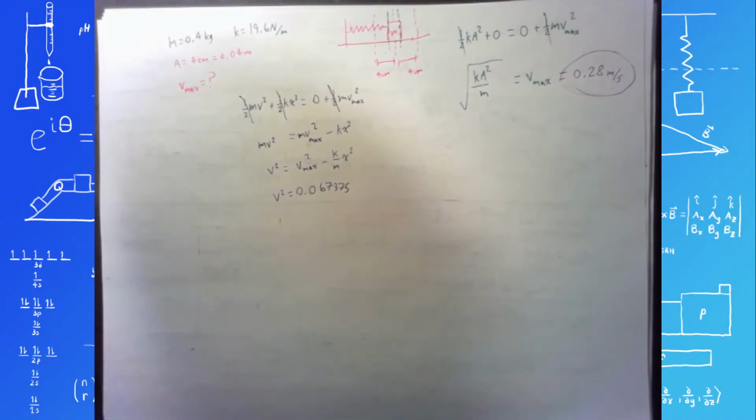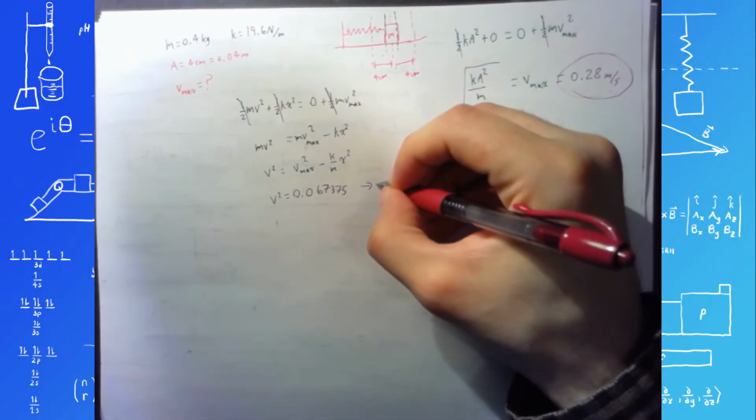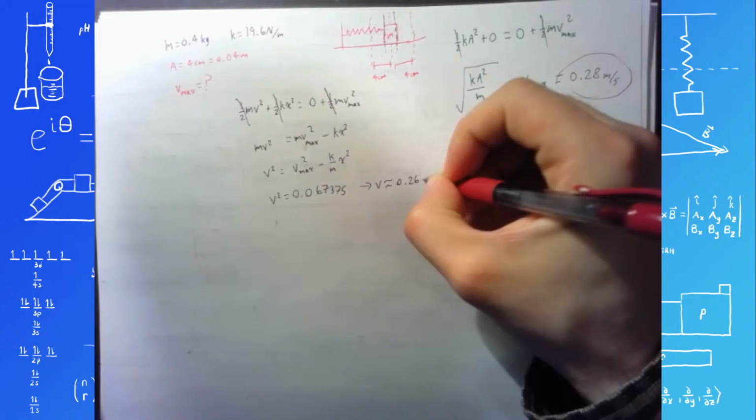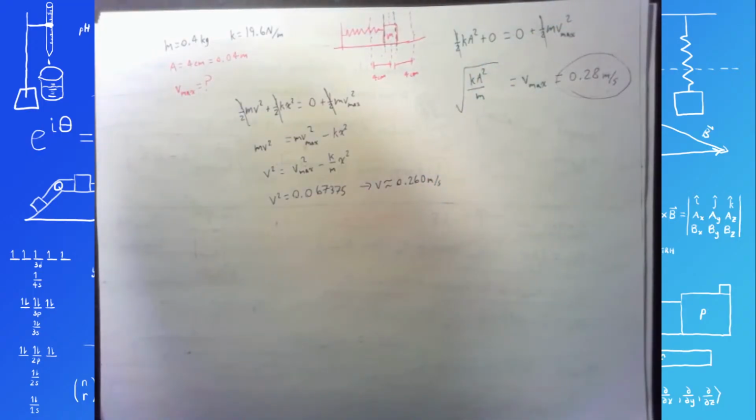If I take the square root of that, I get about 0.2595669. I'll just round that to 0.260. I'll say v is approximately 0.260 meters per second.